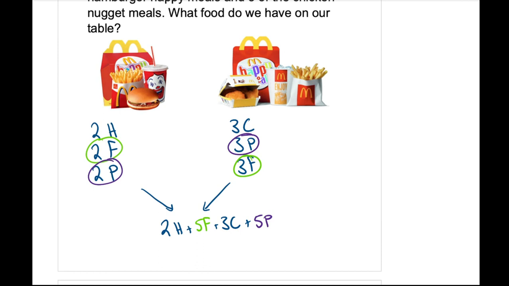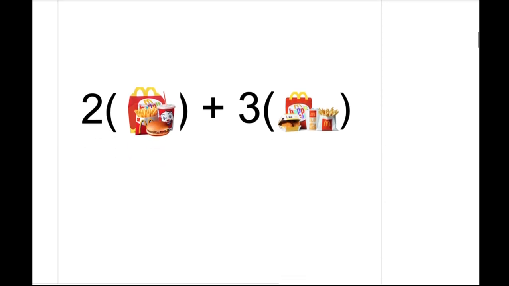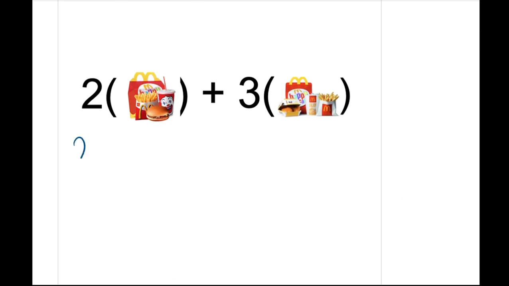But let's see if we can represent this expression or this idea in a different way than we've done. And we can represent it differently because we can represent it as this. I had 2 hamburger Happy Meals plus 3 chicken nugget Happy Meals. So what would this look like? Well, 2 hamburger Happy Meals. What's included in a Happy Meal? I have French fries plus a hamburger plus a pop.